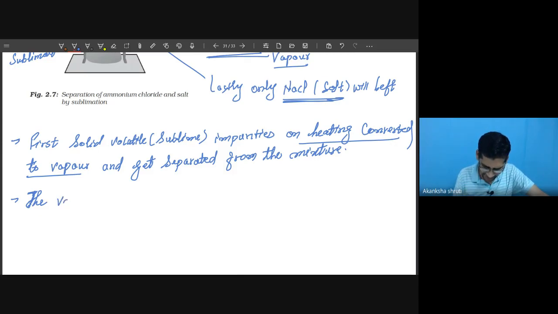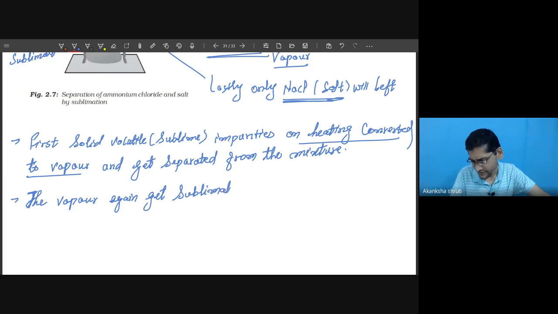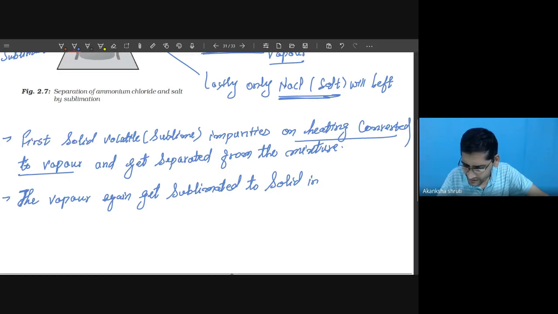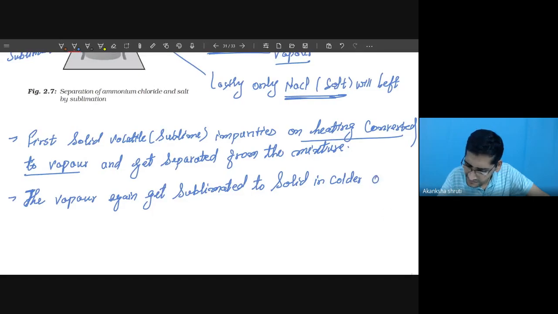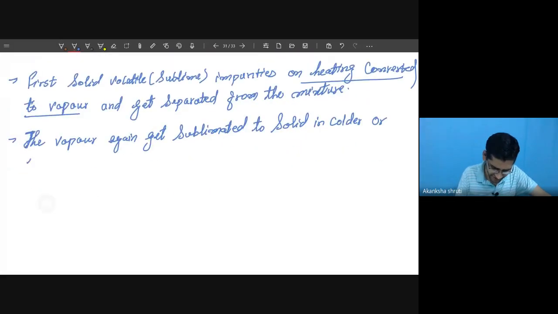The vapor again gets sublimated to solid in the cooler or lower temperature region.